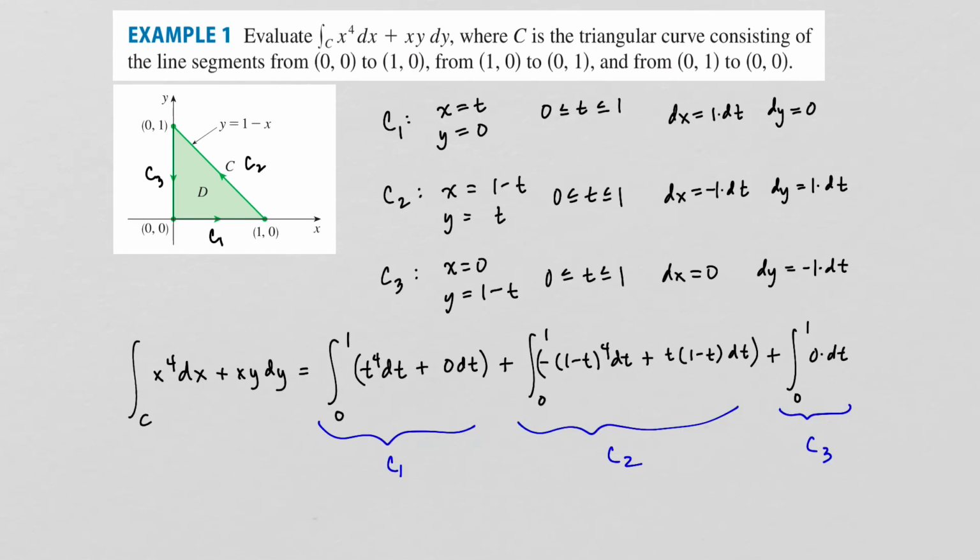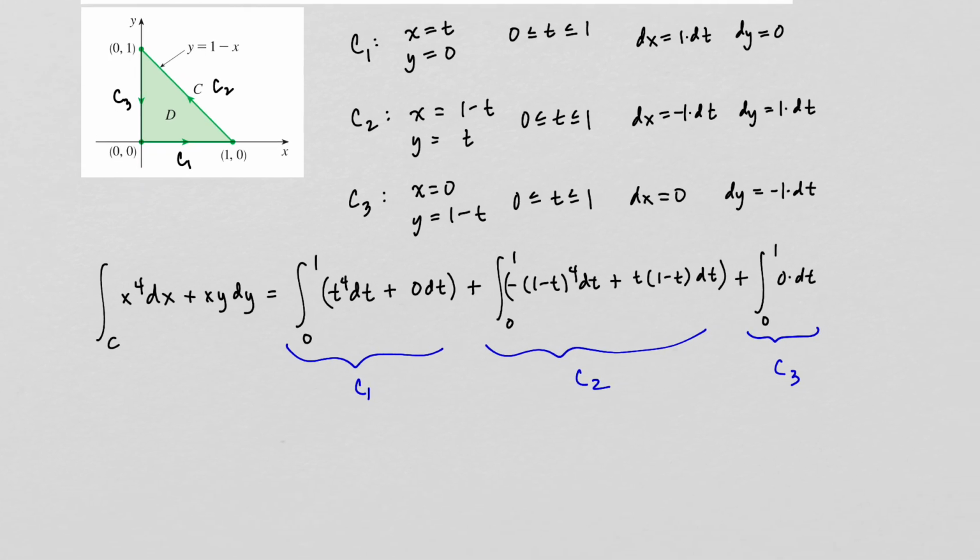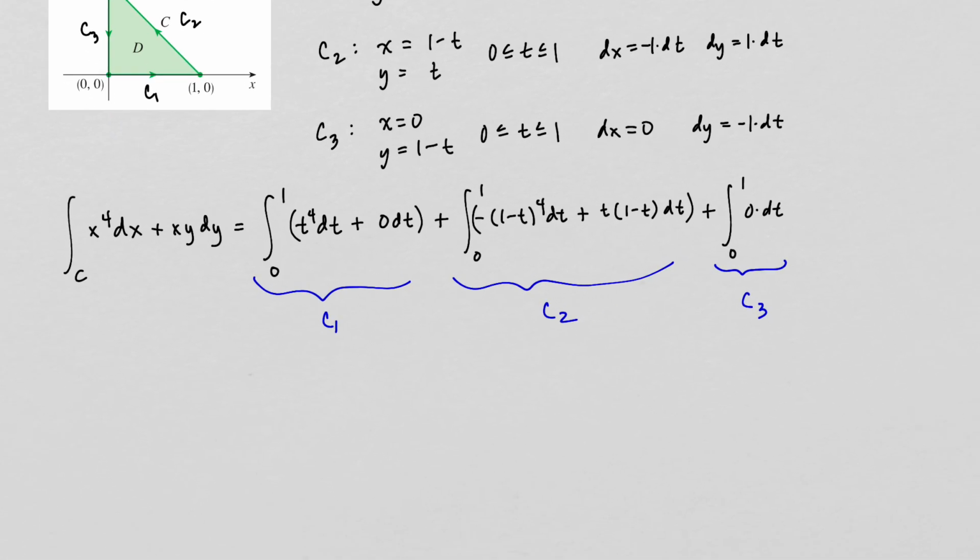Okay, so here are all those parameterizations and their corresponding differentials and limits. And so we have the integral along the curve C of our expression here is equal to the following. You can pause and double check all of these substitutions. But now let's go ahead and evaluate this integral.